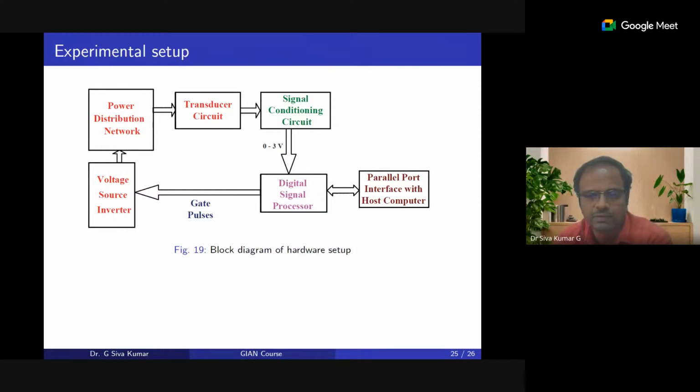If you're going for a dSPACE MicroLabBox or any kind of dSPACE device, it doesn't require signal conditioning. The transducer circuit is more than enough to have the analog signal itself. Then the digital signal processor is where you process your signals and develop your control algorithm, and you generate the switching pulses that go to the voltage source converter.